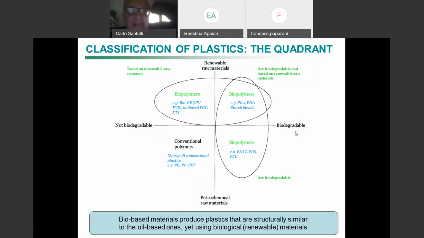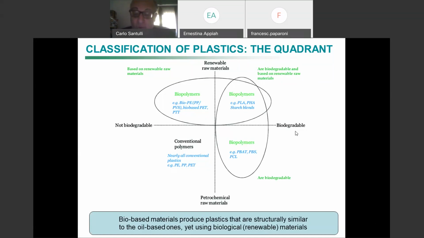And I can produce them from agricultural sources, mainly from polysaccharides, proteins, bacteria. PHA, polyhydroxyalkanoate, is produced from bacteria. Polylactic acid is produced from glucose obtained from starch. I can obtain these from polysaccharides. They are biodegradable and they are obtained from renewable raw materials.